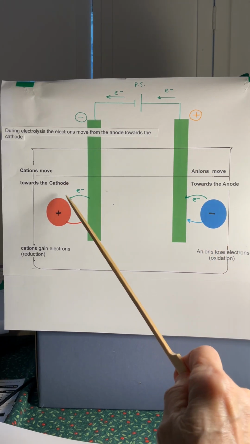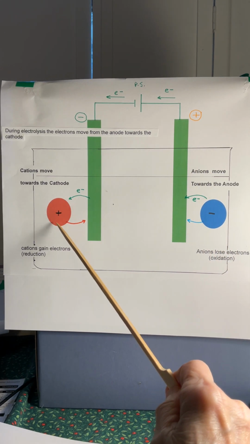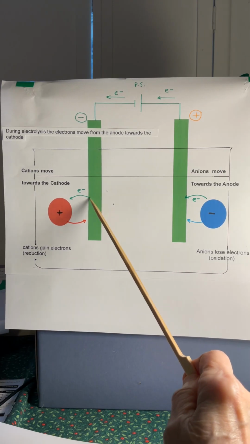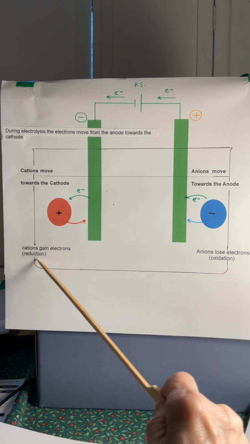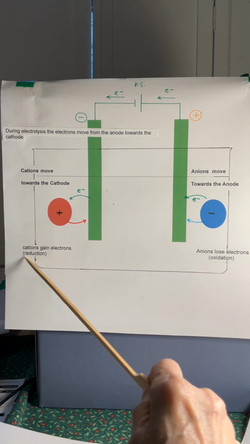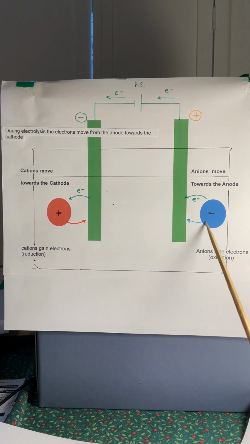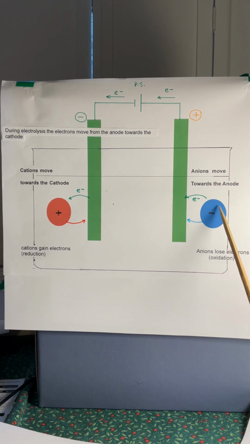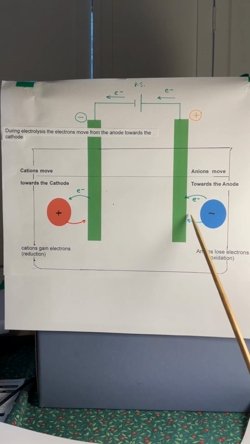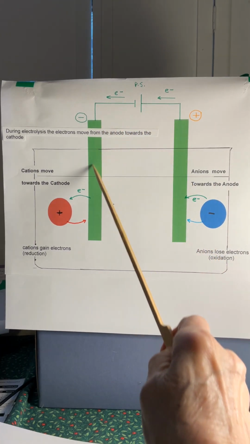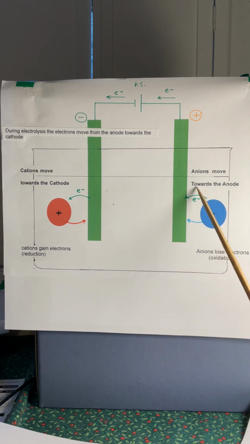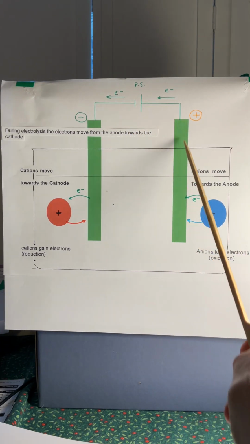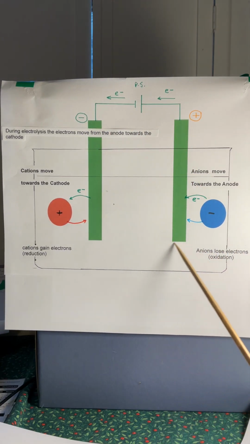The positive move towards the cathode and they take electrons from it. They gain electrons, so there is a reduction. And negative ions move towards the anode, where they release their electrons, and so the circuit is complete with the ions that transport the electrons, and they go through the whole circuit.